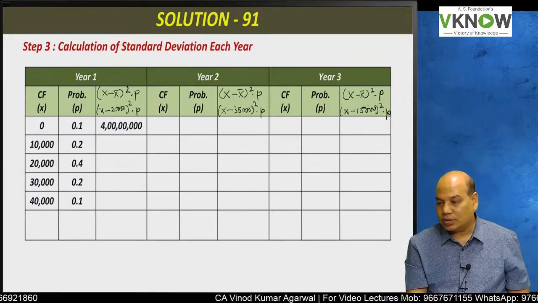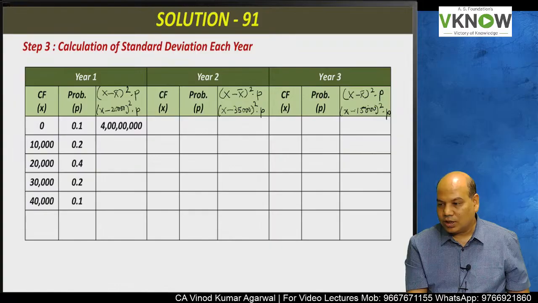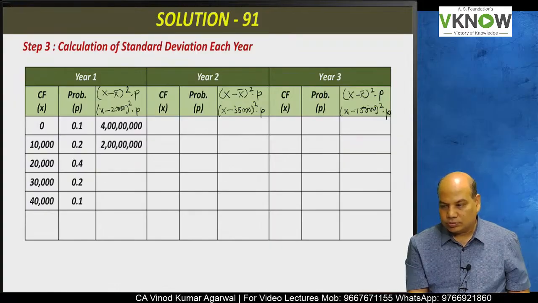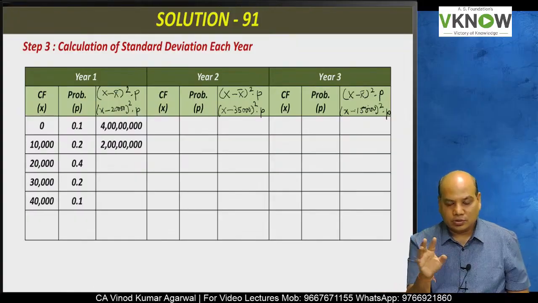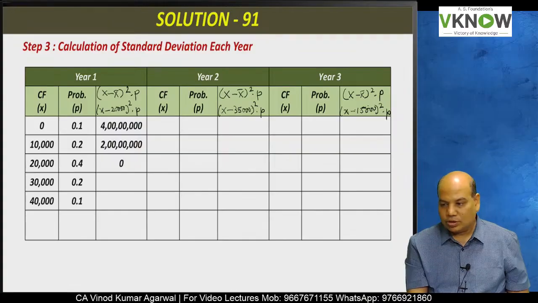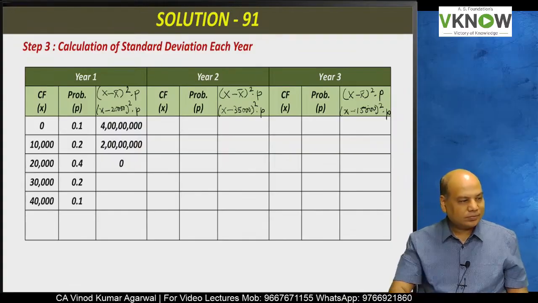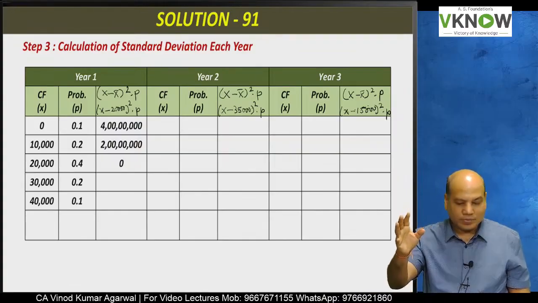Try the next one. 10,000 minus 20,000, squared, into 0.2: 2 crore. Third one, 20,000 minus 20,000 becomes 0. You don't require a calculator, don't waste time.